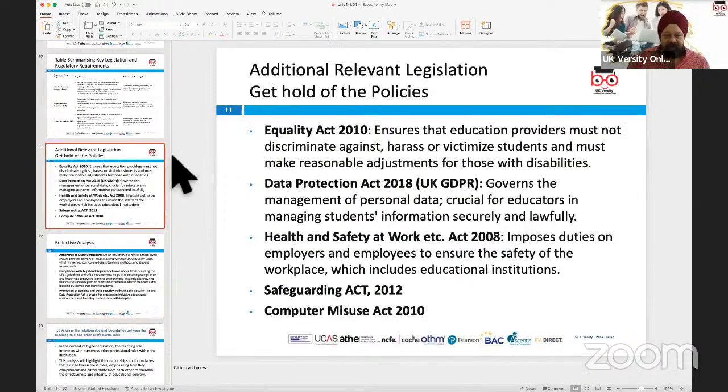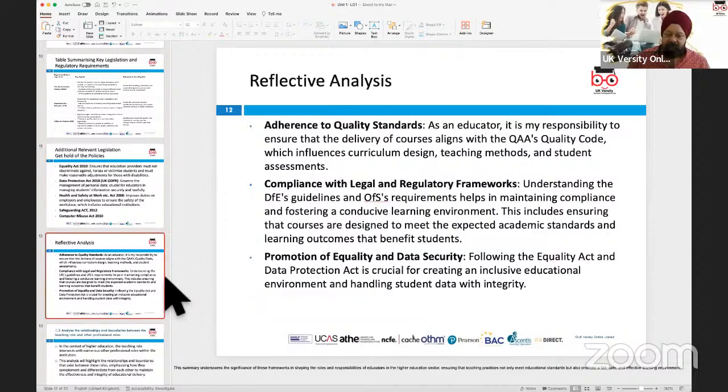And then what I've done is I've listed them down, and I've done a bit of reflective analysis in terms of how I adhere to these standards and key legislation, policies and acts when I look at my day-to-day responsibility. Is that okay? So listing out a few of them and then reflecting on how you follow them through would be good enough.